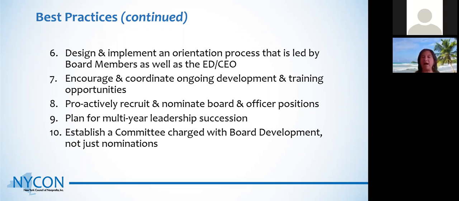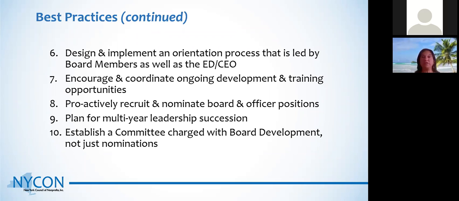Understanding how the COVID situation has affected your organization, and what you are doing strategically to address it and respond to it. You want to think about encouraging and coordinating ongoing development opportunities.